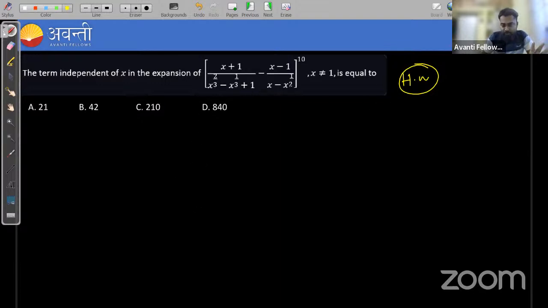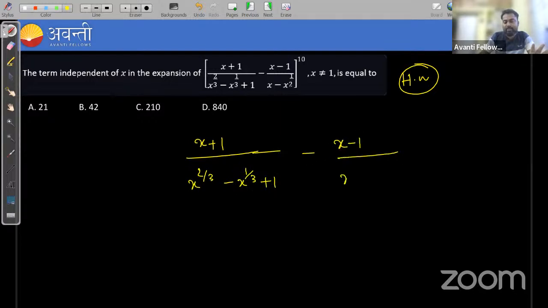If the question is not visible, I'm writing it again: (x plus 1 by x to the power 2 by 3 minus x to the power 1 by 3 plus 1 minus x minus 1 by x to the power 1 by 2) whole to the power 10. It's a very interesting question. You need to find the term independent of x. Take this question as your homework.